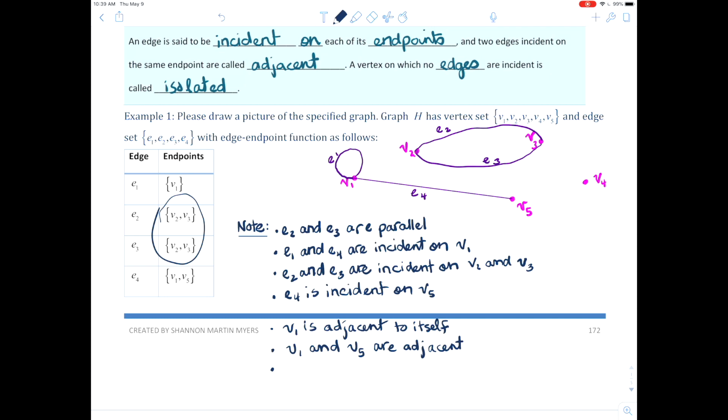Let's see. How about V2 and V3 are adjacent? And we mentioned before that V4 is isolated. It's still part of your graph, but it doesn't have any edges that are incident on it. So these are just some notes about our graph.